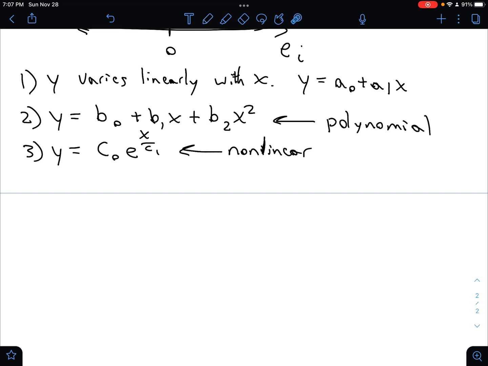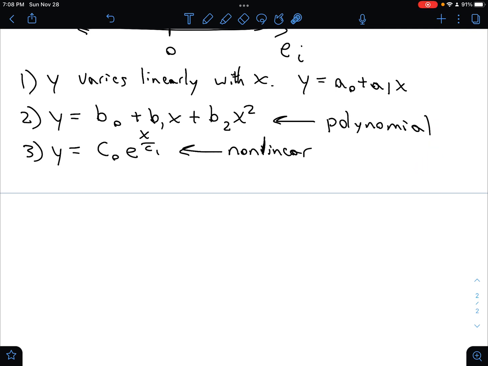There is a little bit of a twist here, and I'll explain this in a later video, but you might think that the polynomial equation is nonlinear, and so you might think that fitting to a straight line is linear regression, and that these 2 fits would be considered nonlinear regression. However, that actually turns out not to be true.